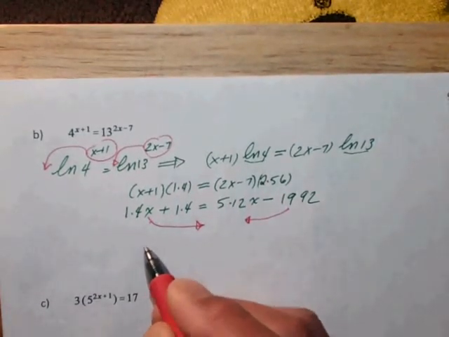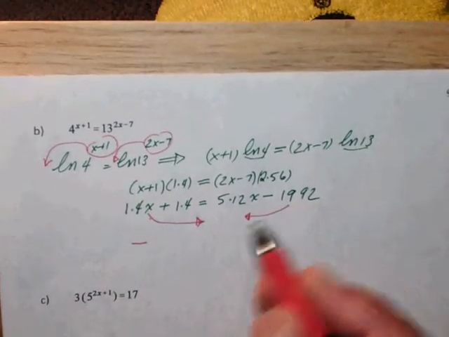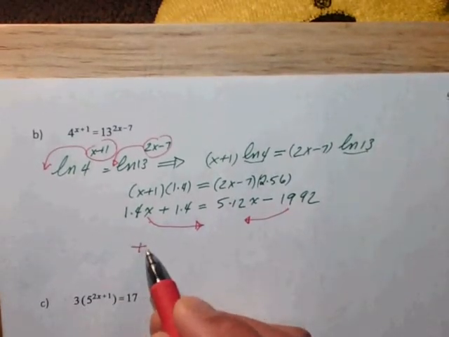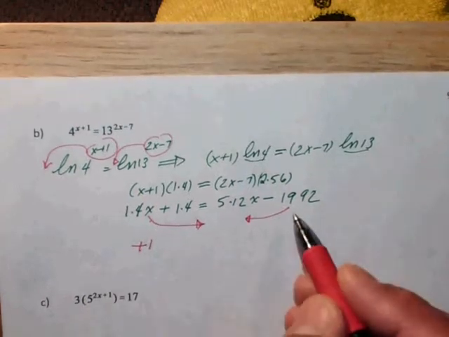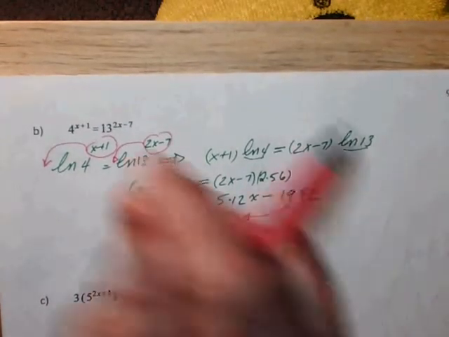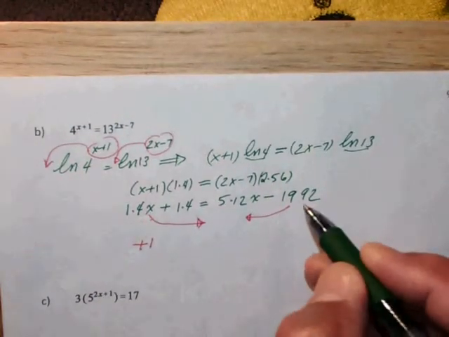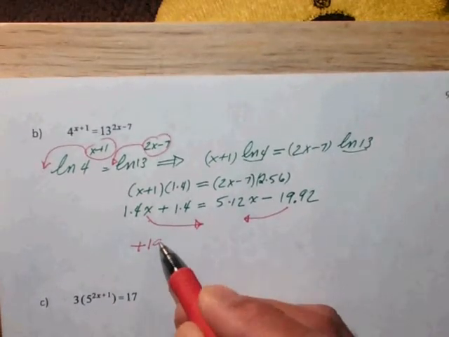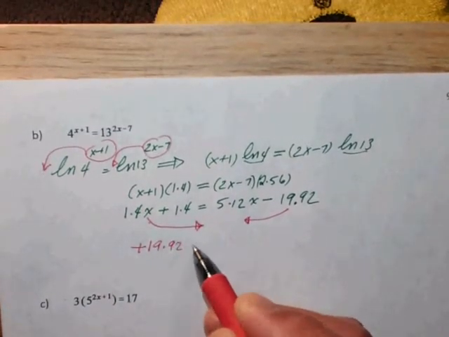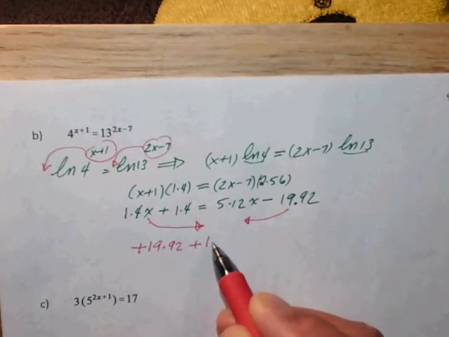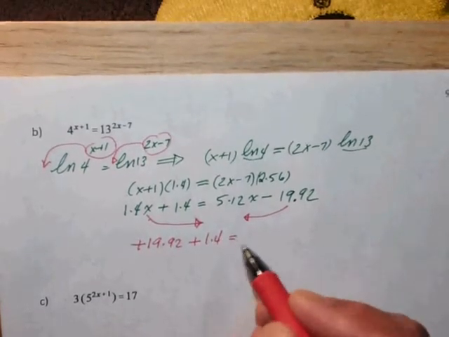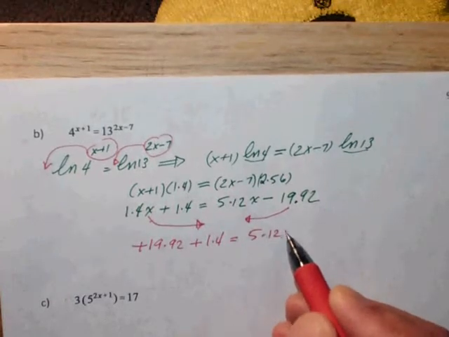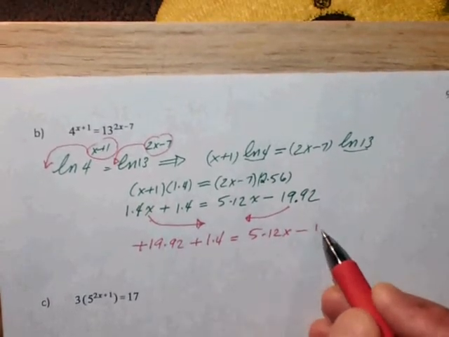So this is negative, goes to the right side, becomes positive 17.92. Wait, this is a typo here, there must be a period, the dot right there. So 17.92 plus 1.4 is equal to 5.12x minus 1.4x.